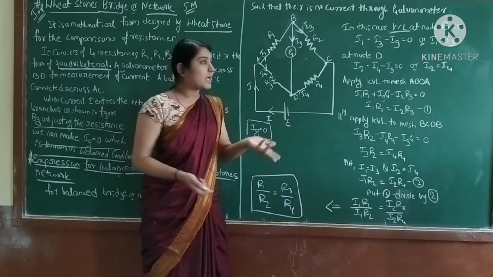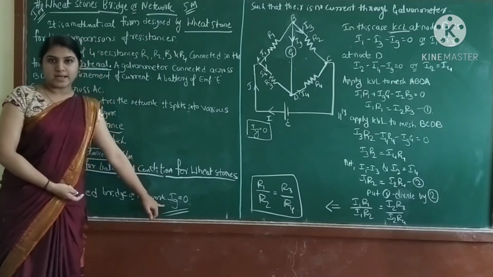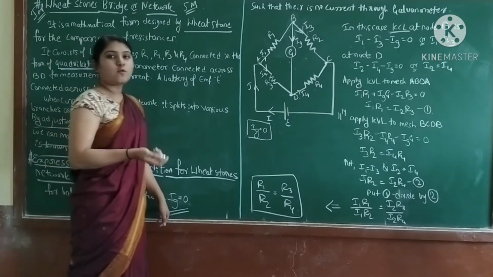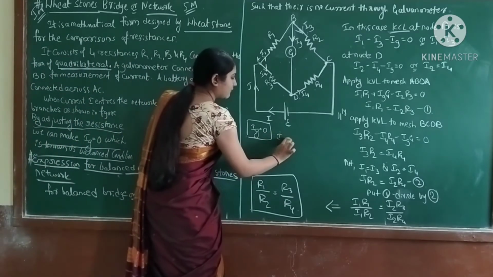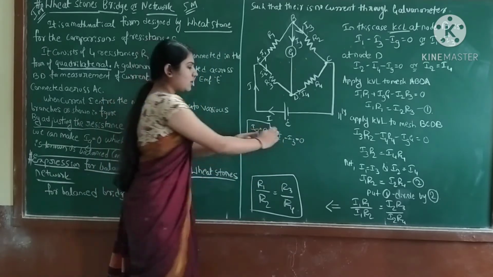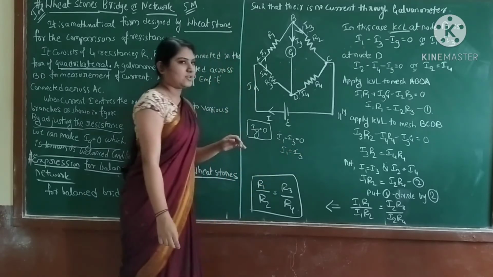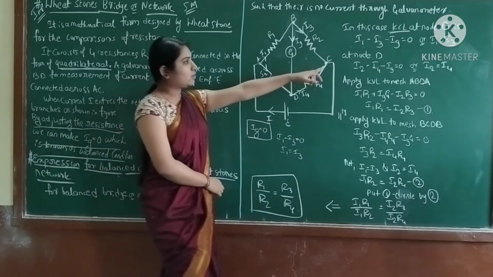Already you know that IG is equal to 0, so put it as 0. So what remains? Only I1 minus I3 is equal to 0. Take this to that side, so I1 is equal to I3. Correct?